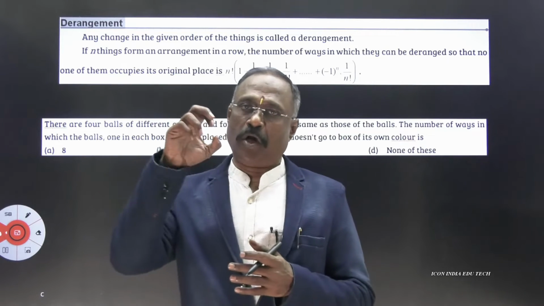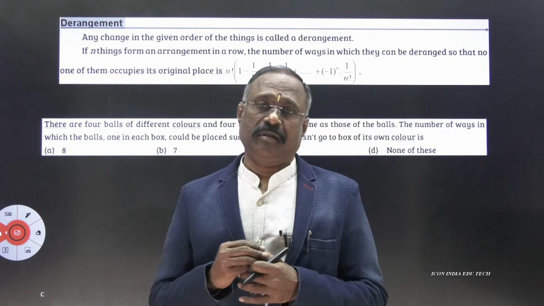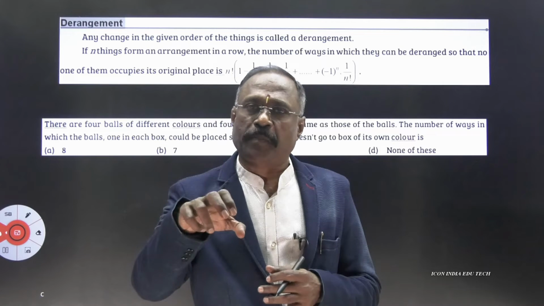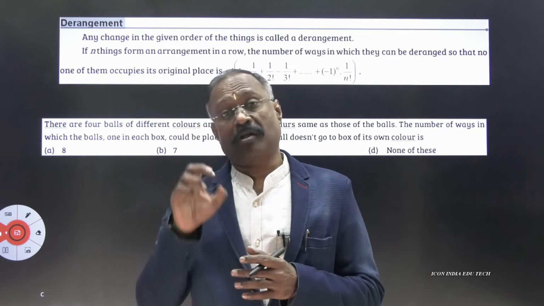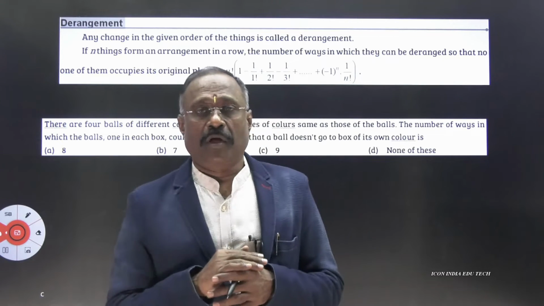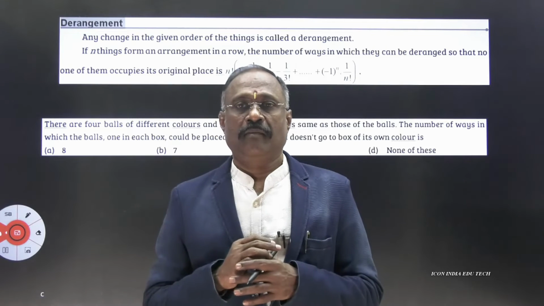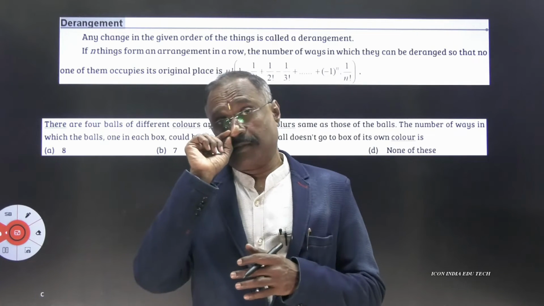Then you have to place these balls in the boxes in such a way that the balls go into the corresponding colored boxes. For example, a green ball must go into the green box, a blue ball into the blue box, and a white ball into the white box.